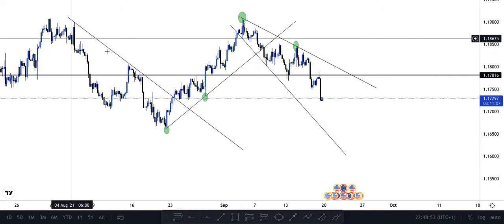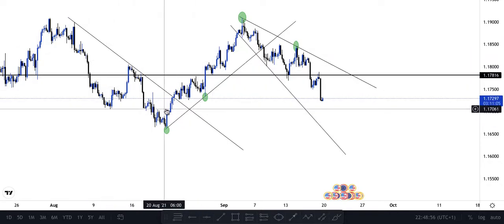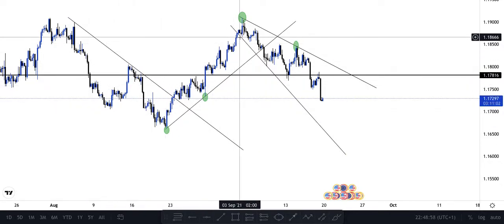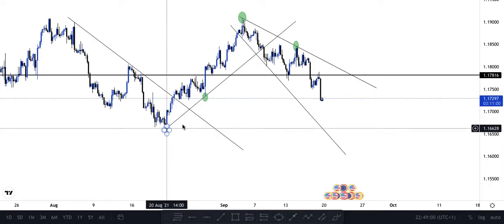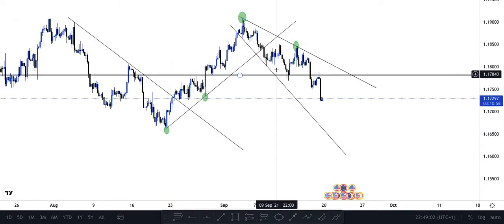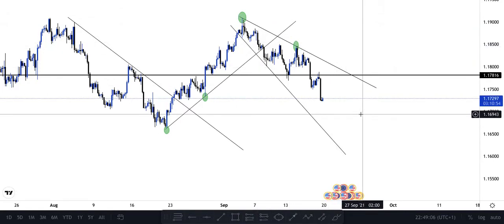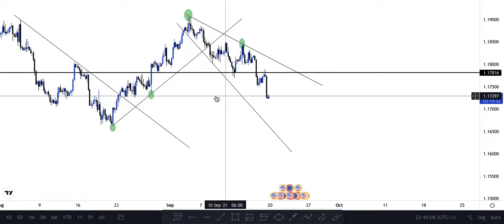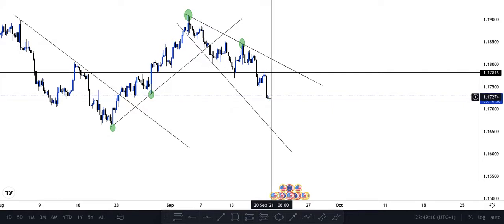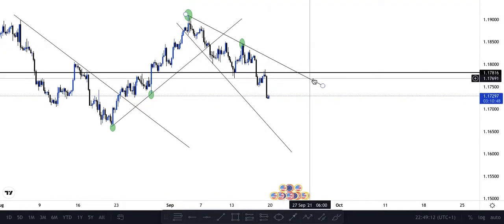So in this case, we have only two touches before the market broke and then shot up. Similar thing here, we have touch one, touch two before a break and a retest. In this scenario, we have touch one, touch two, and we don't have a break yet. So honestly, I just think that EURUSD will probably play out within this range.